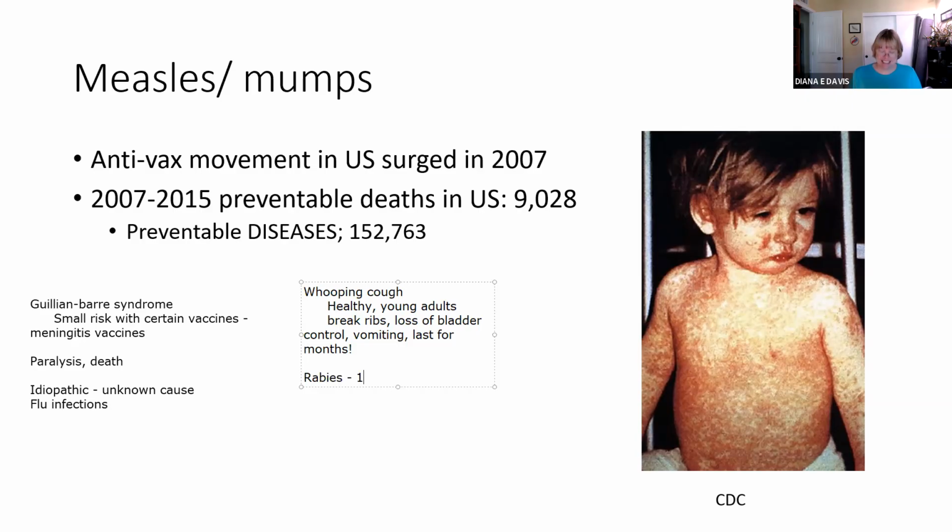Rabies. Unvaccinated, there's a 100% death rate. Now I'm going to put a little asterisk here because there have been roughly 5 people who have survived rabies without the vaccine.